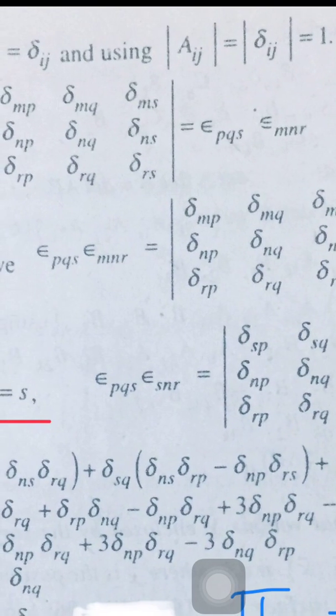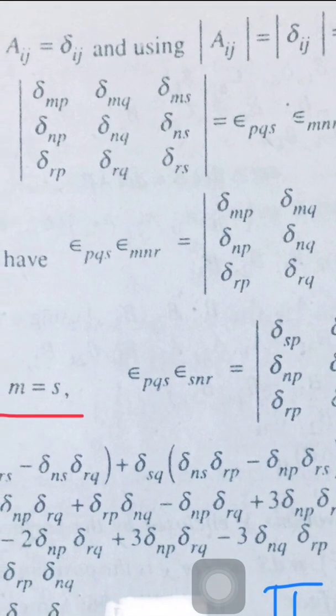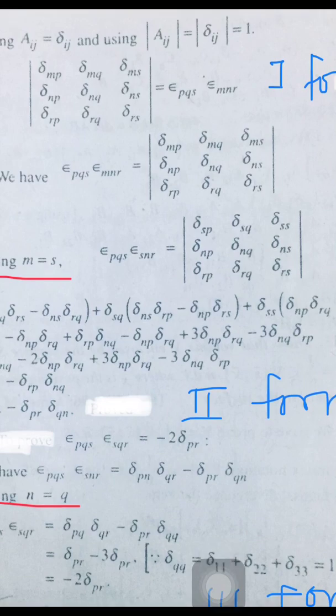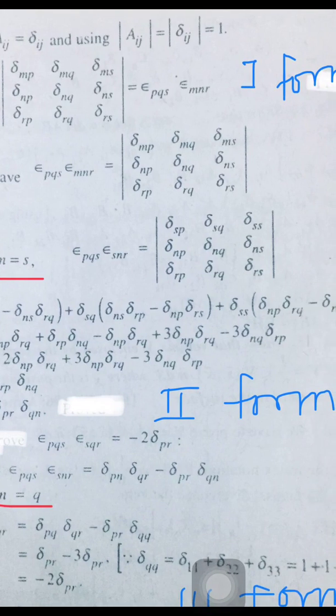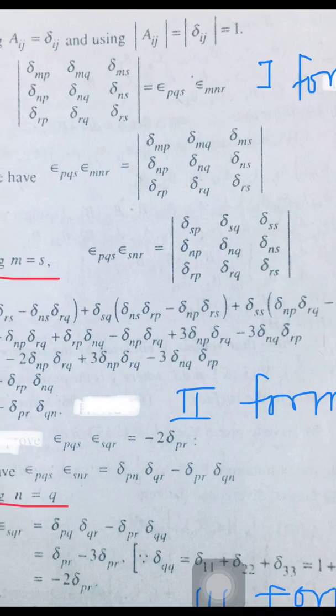So we get this identity. This is the first form of the epsilon delta identity in which all indices are changed. PQR, MN, PQS and MNR may be written as this.